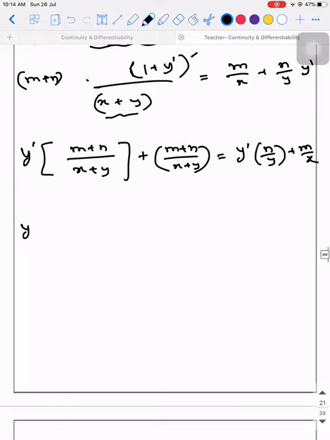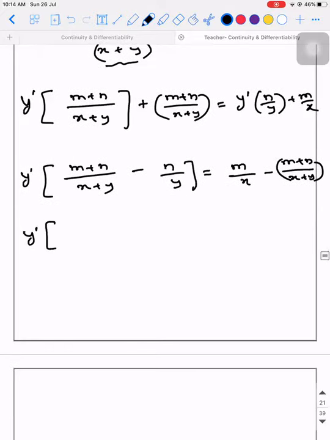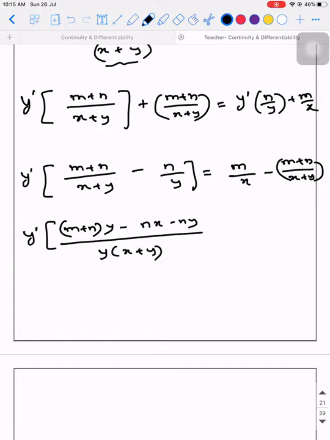So collect all the y dash terms. y dash into [(m plus n) divided by (x plus y) minus n by y] is equal to m by x minus (m plus n) divided by (x plus y). So y dash into [(m plus n) into y minus nx minus ny] divided by y into (x plus y) is equal to [mx plus my minus mx minus nx] divided by x into (x plus y).